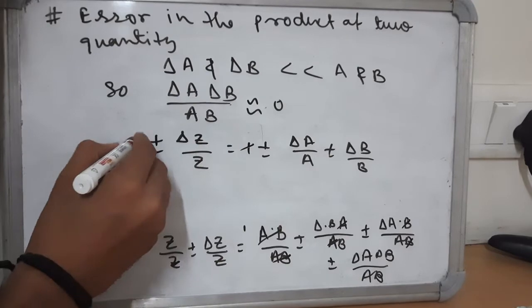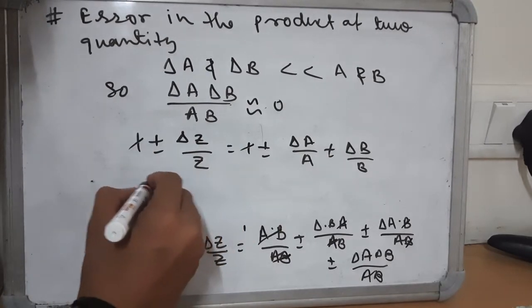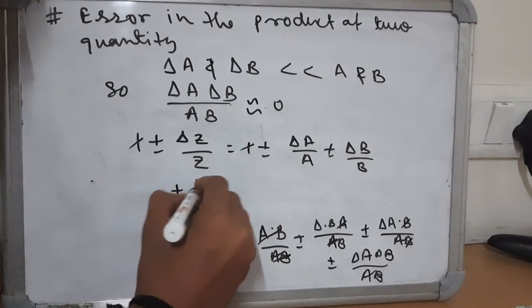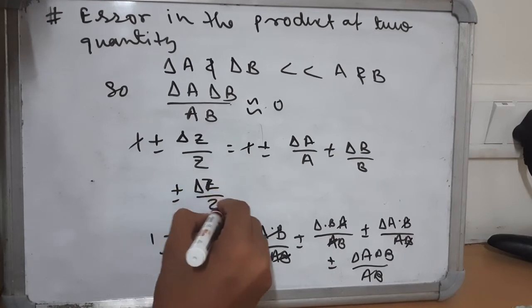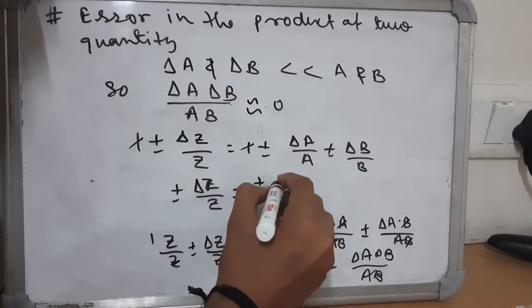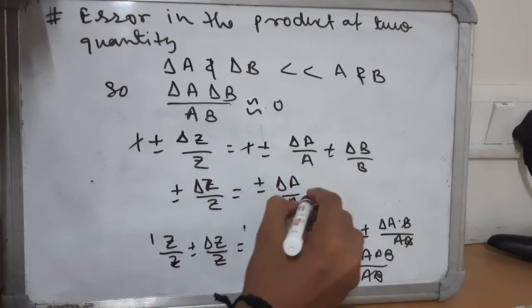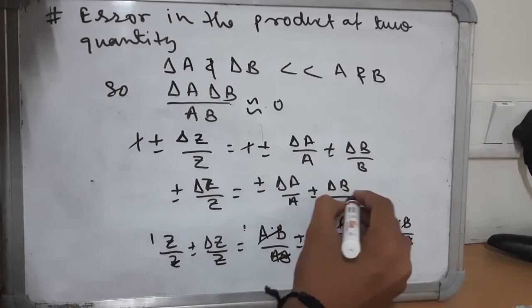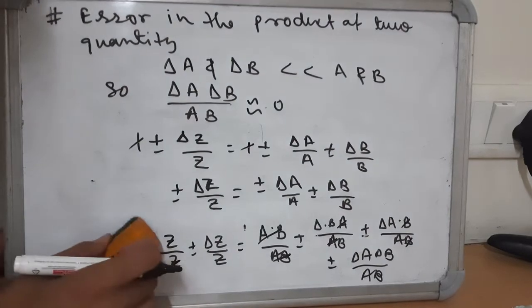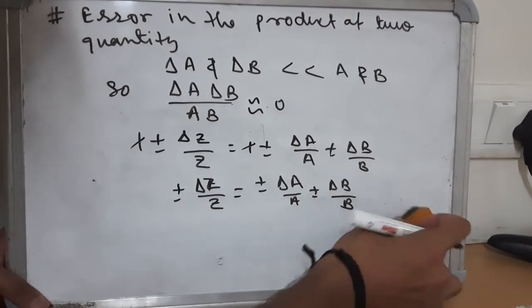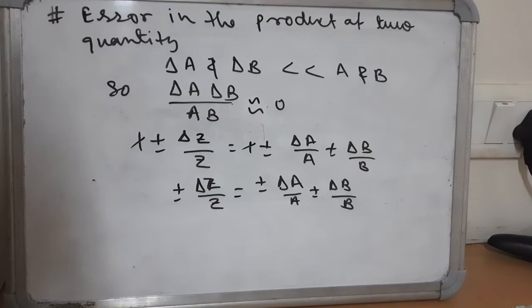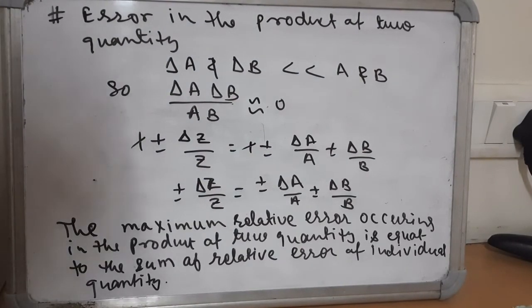So this 1 and this 1 will be cancelled out, and the final expression left is delta Z upon Z equals plus minus delta A upon A plus minus delta B upon B. So here comes the result. Whenever we multiply two physical quantities, the maximum relative error occurring in the product of two quantities is equal to the sum of the relative errors of the individual quantities.